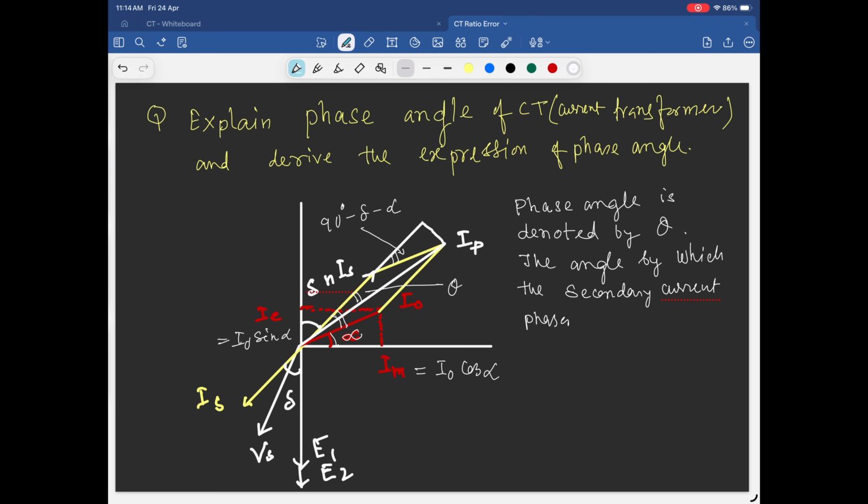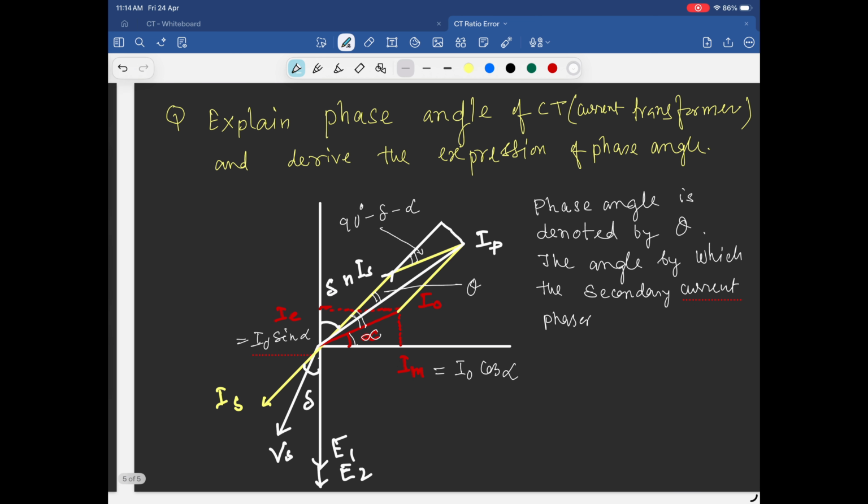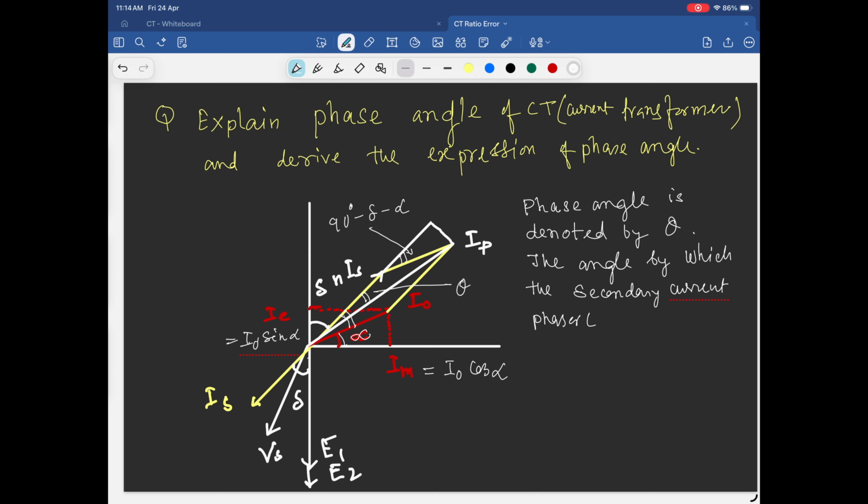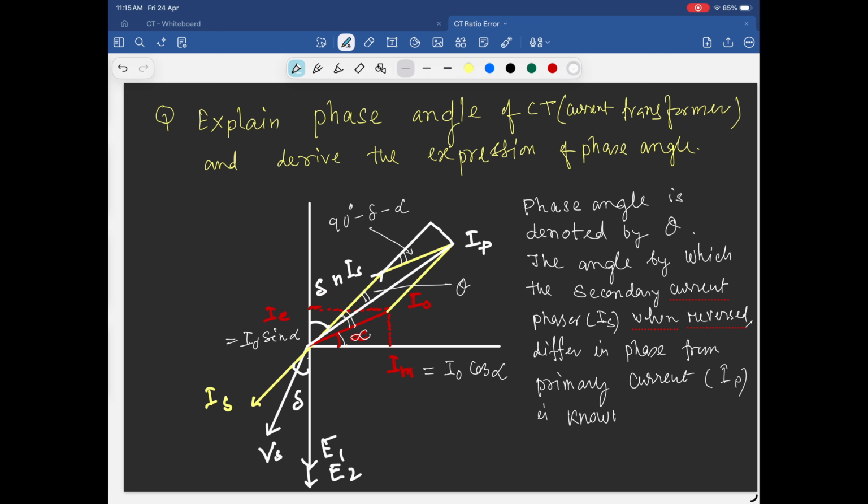The angle by which the secondary current phasor, when reversed, differs in phase from the primary current is called the phase angle.